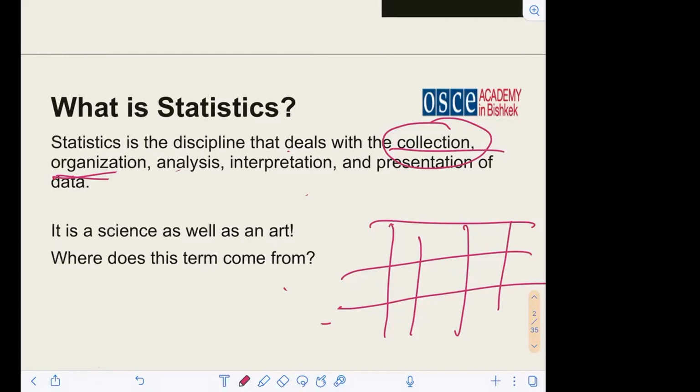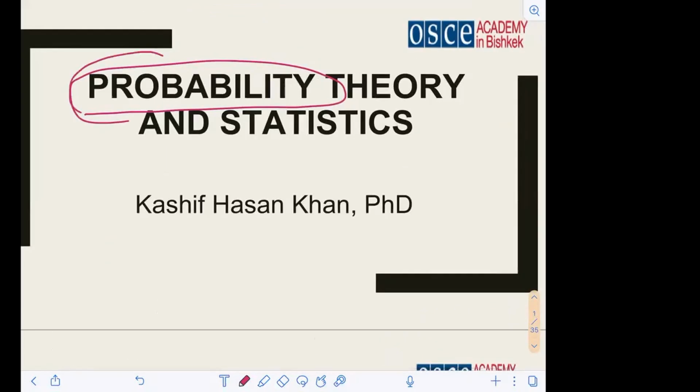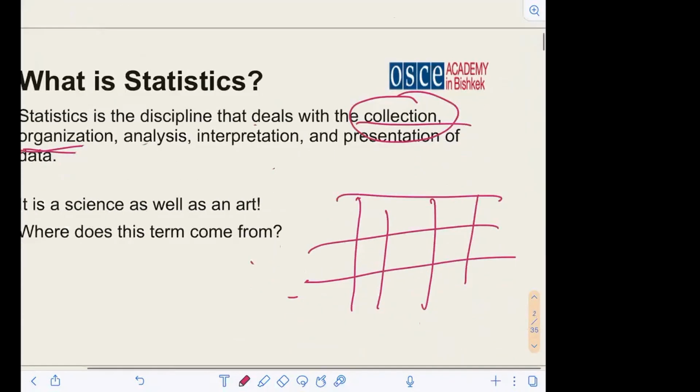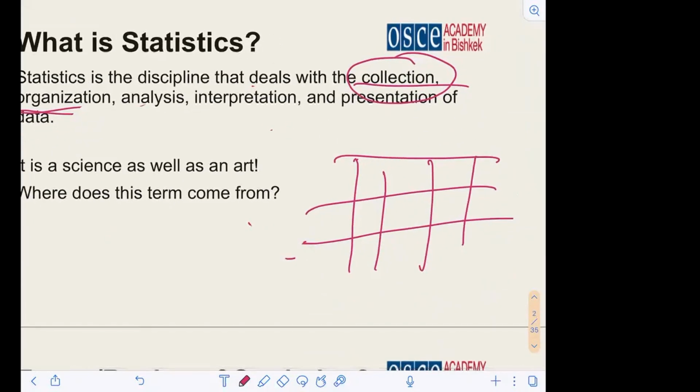And why? Because the entire notion of statistics is based on probability, based on the collection of data, which is sometimes very accurate and sometimes not accurate.